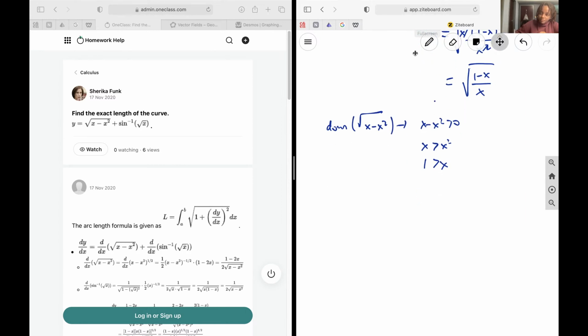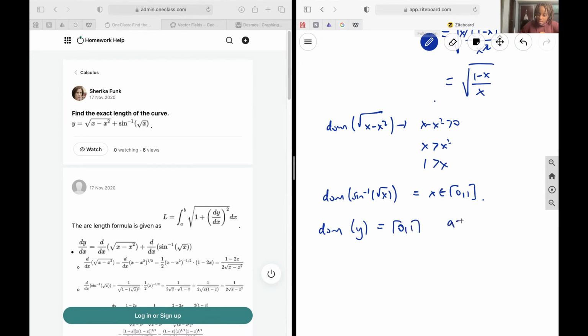And then the domain of the second part just states that x is between 0 and 1 for this one. And so my final domain of y itself would be that the function lies between 0 and 1. So my a will be 0 and my b will be 1.